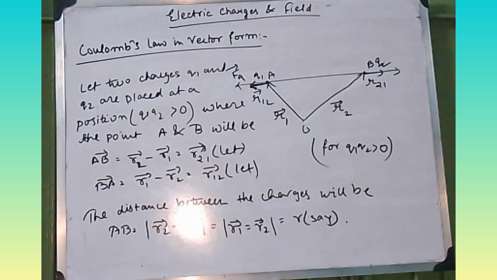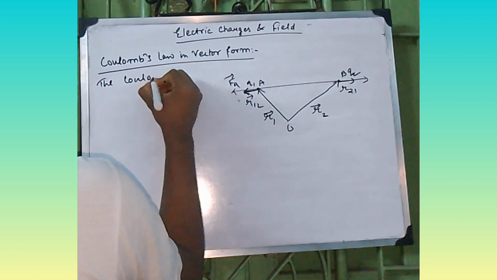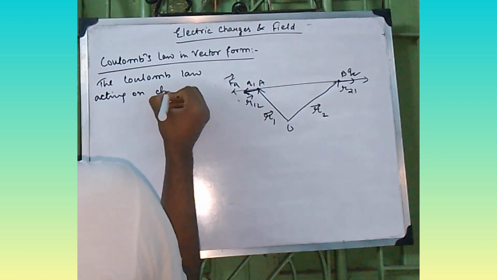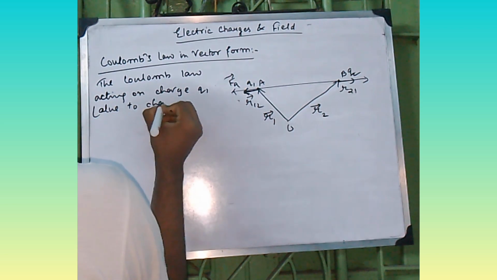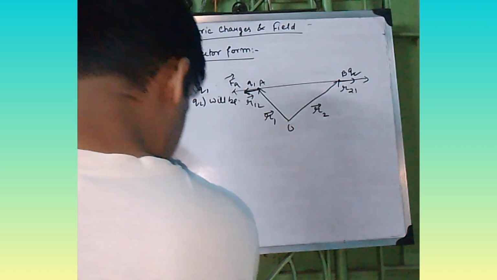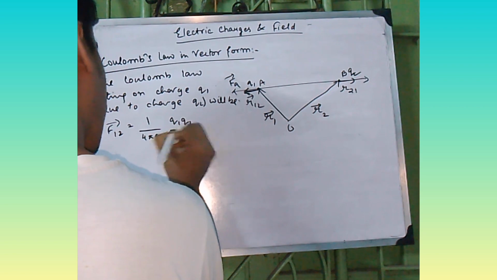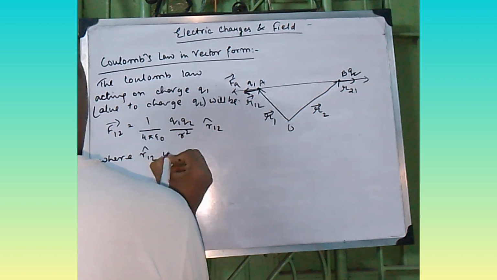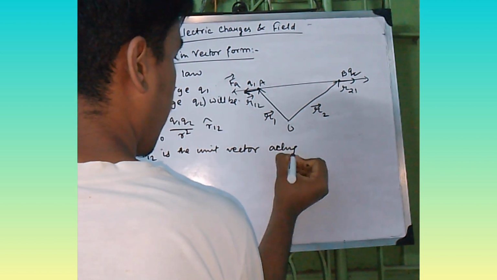Then the force acting, the Coulomb force acting on charge q1 due to charge q2 will be vector F12 equals 1 by 4 pi epsilon naught q1 q2 divided by r square, unit vector r12, where unit vector r12 is the unit vector along vector BA.